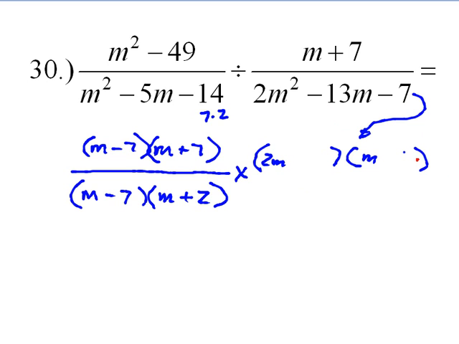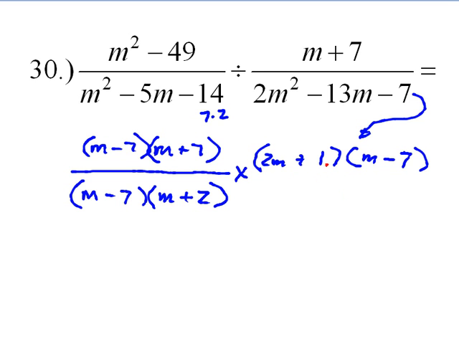So if I put a 7 here, my outside smiley face is 14, and 1 here, that's going to get us to 13. So let's put 7 here and 1 here. I need a negative 13.